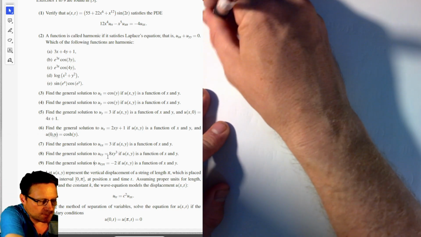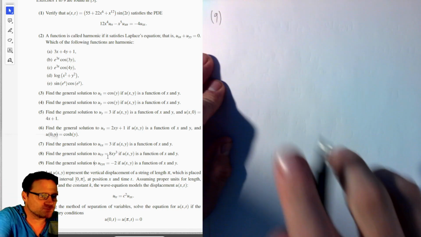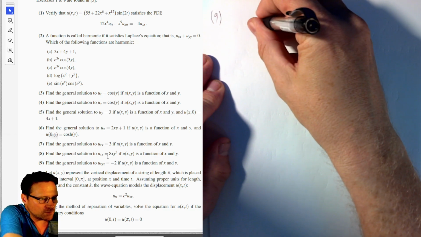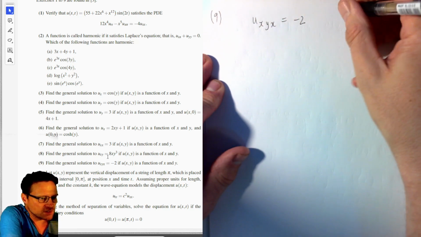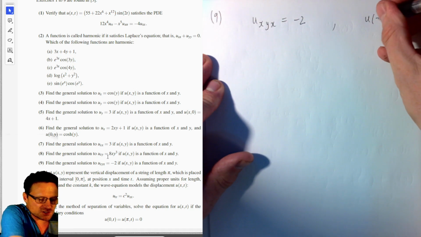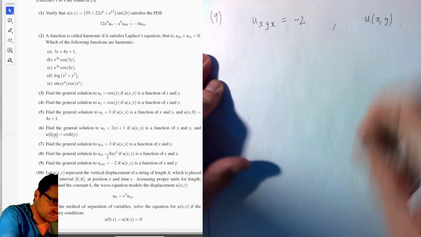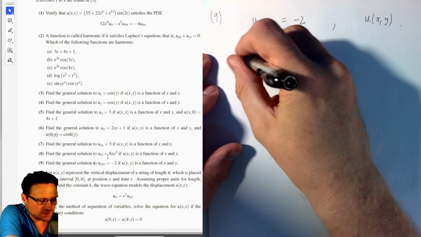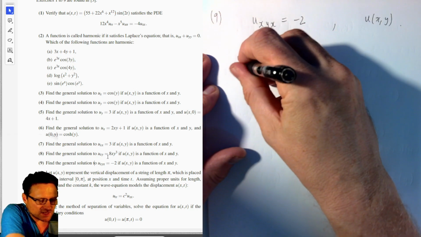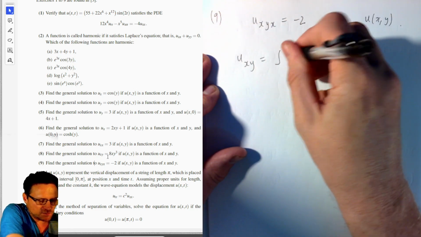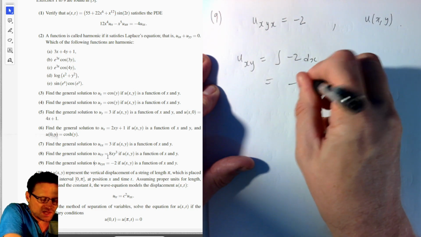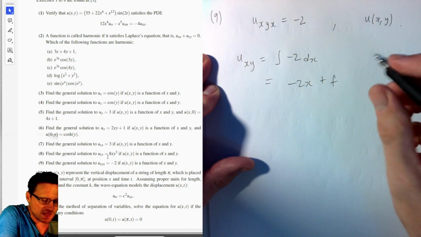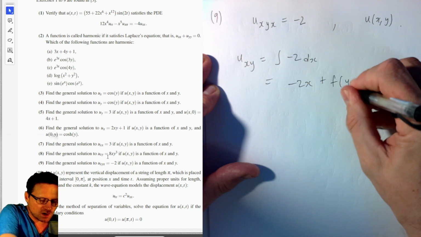Question 9. uxyx equals -2, and u is a function of x and y. Okay, so integrating with respect to x, we have uxy equals the integral of -2 with respect to x. So we get -2x plus some function f of the other letter, y.